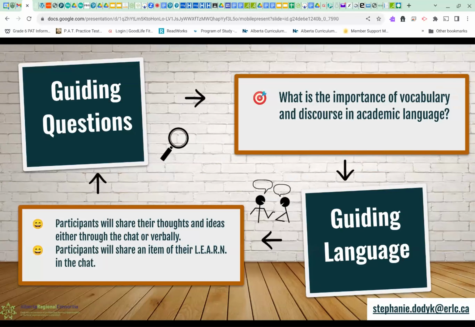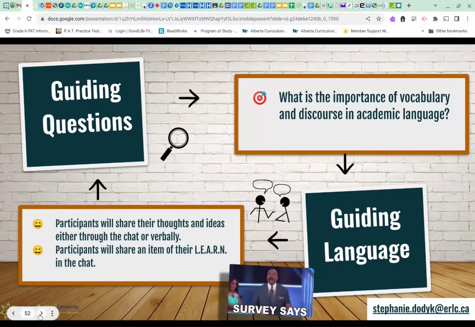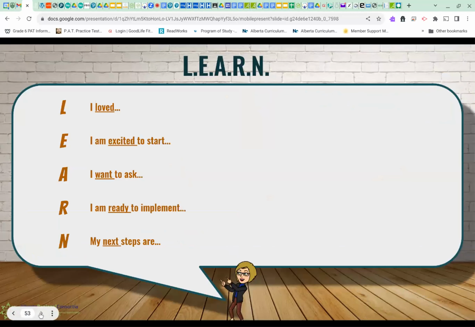And yeah, so hopefully I touched on some of the importance of vocabulary and discourse in academic language. I don't know if anybody wants to stick around and share something from their Learn. I have the Learn on the next slide if there's anything, and also just remembering the survey. Is there something that you loved in this session?